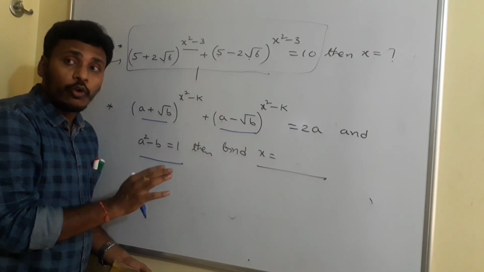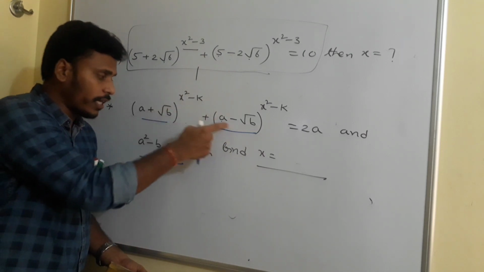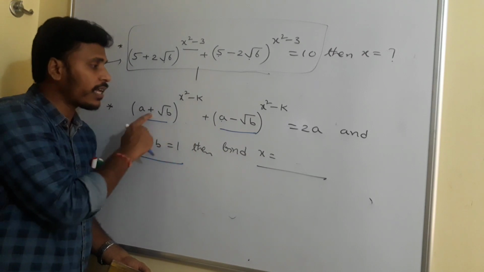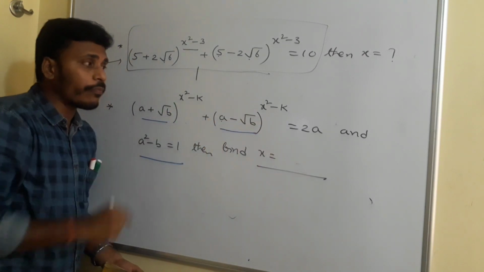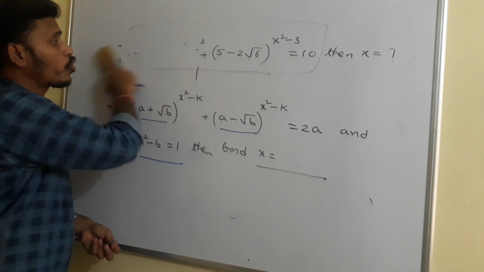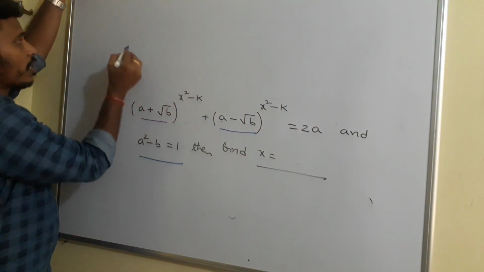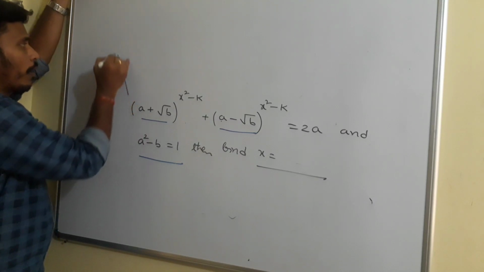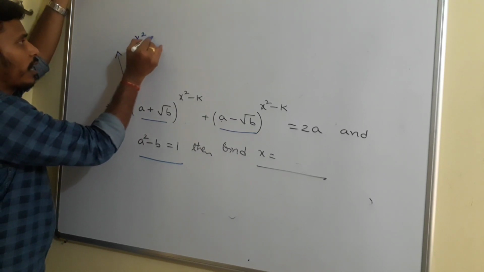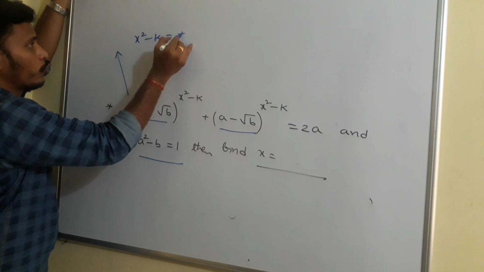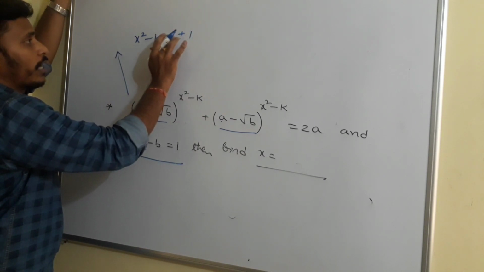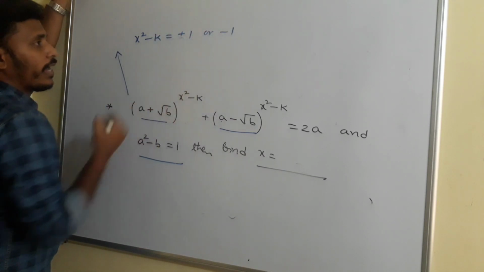So finally, what I conclude is, if the product is 1 as well as the summation is 2a, then directly I can announce that the power x square minus k is plus or minus 1. For this problem, my solution is x square minus k is equal to plus or minus 1, that is, 1 or minus 1.